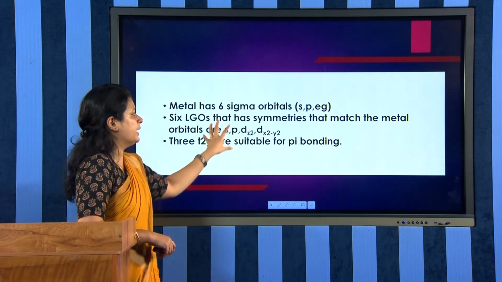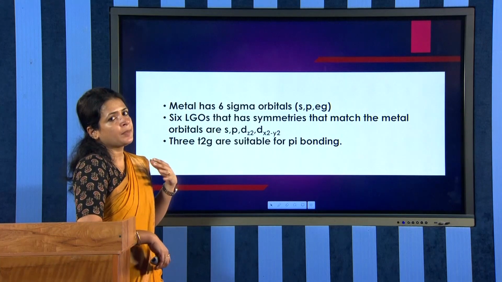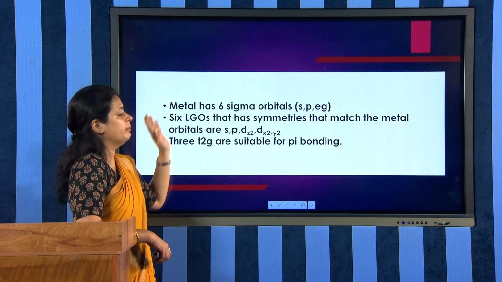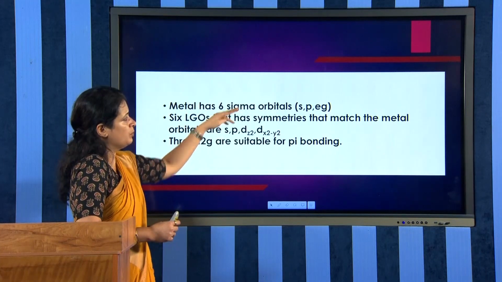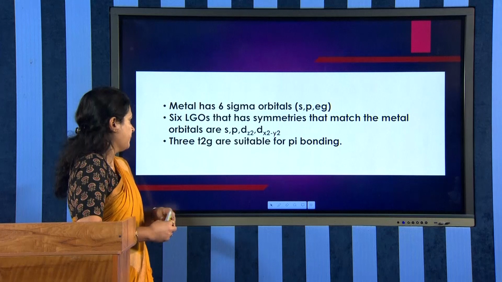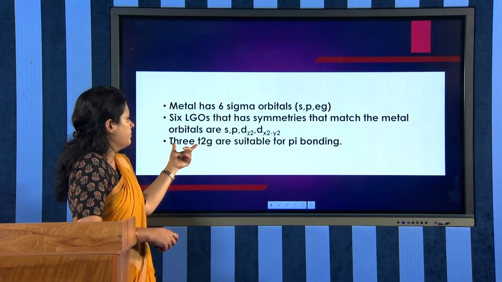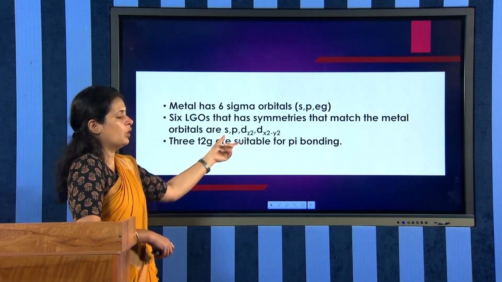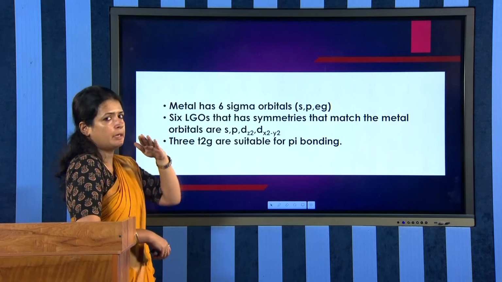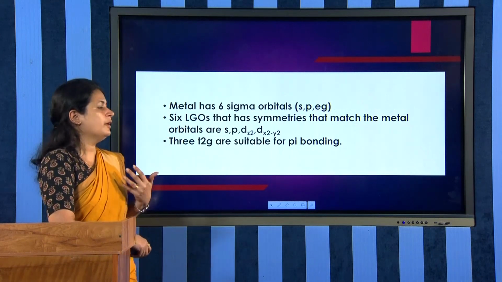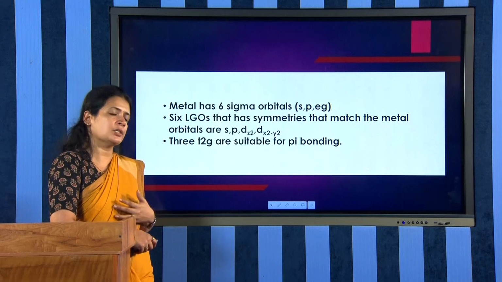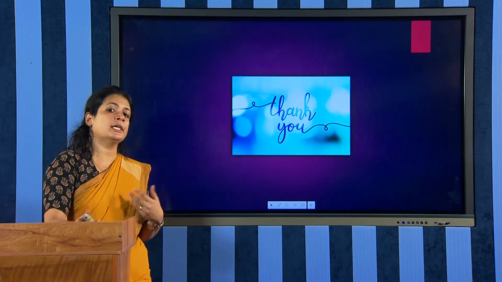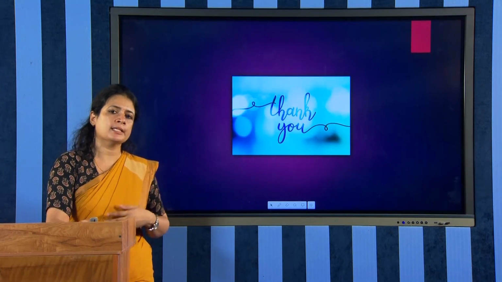These ligand group orbitals have the same symmetry as the metal orbitals, and that is why both of them combine. And the remaining 3 T2G orbitals are not suitable for sigma bonding, that is why they remain as such. And now we have studied how to construct the molecular orbital diagram of a complex.